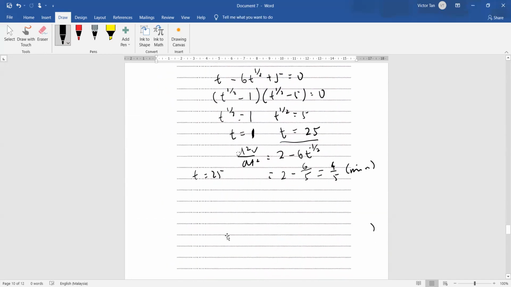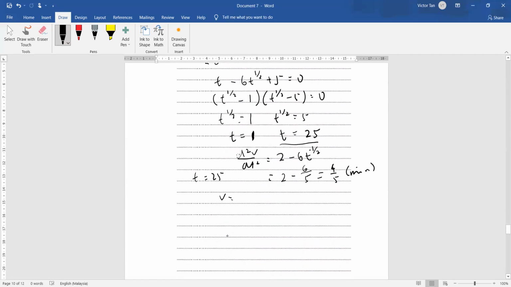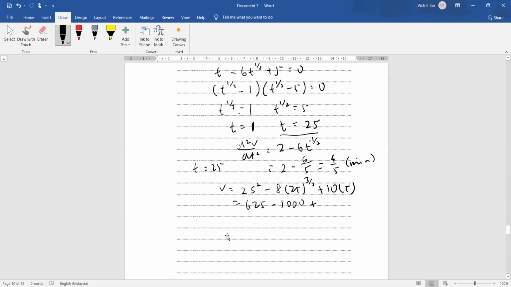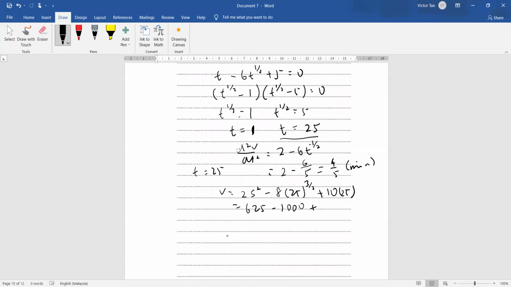So v will be t squared minus 8t to the 3 over 2, plus 10t, with t equals 25: 625 minus 8 times 125, which is 1000, plus 250. That's it. Minus 125 meters per second.